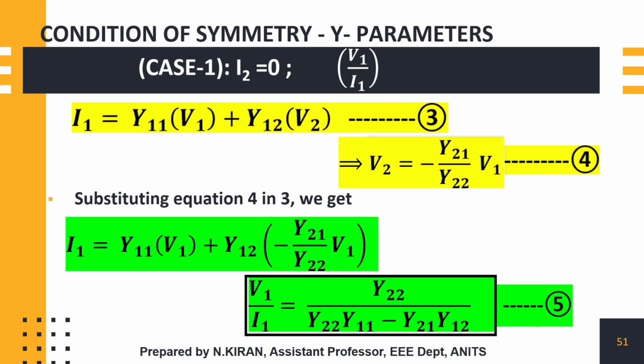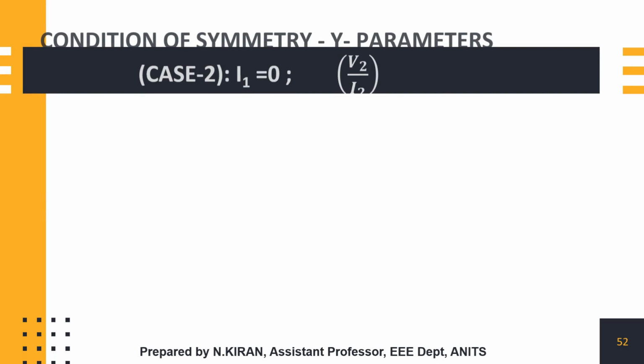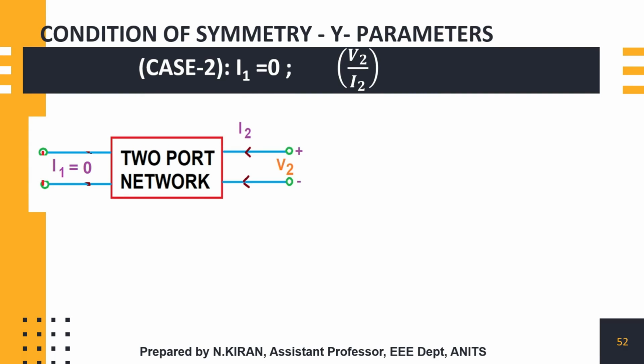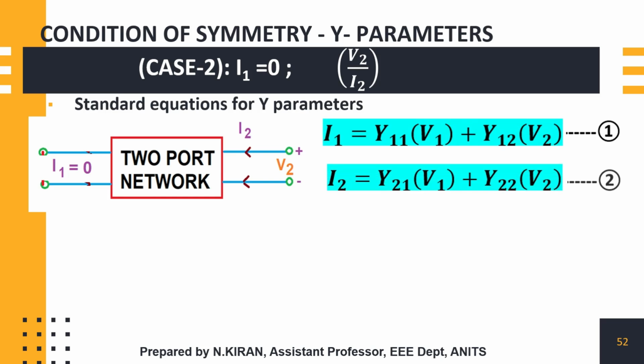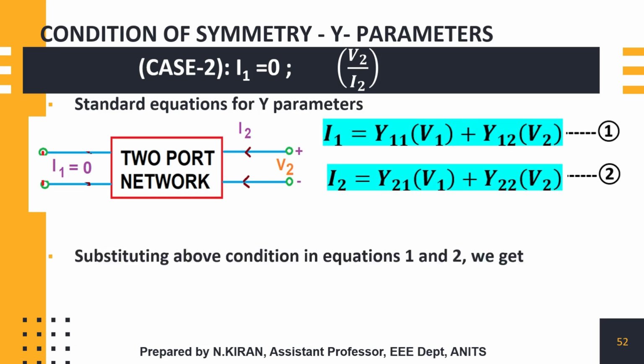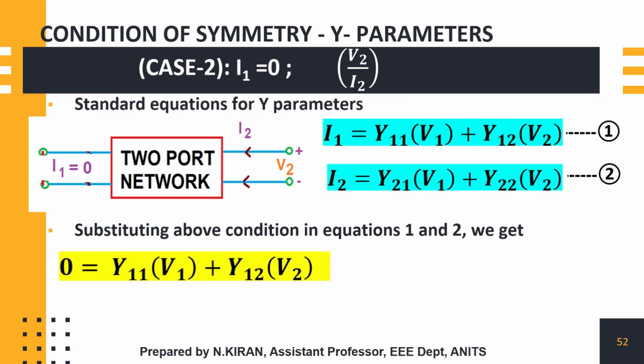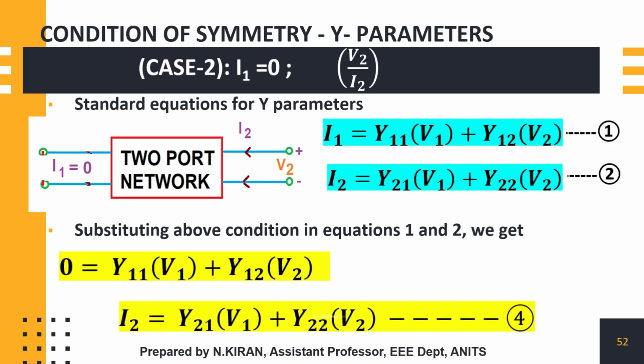The second case, I'll consider open circuit of port 1 and substitute in the two standard equations of Y parameters. So the first equation becomes 0 is equal to Y11 V1 plus Y12 V2, and the second equation becomes I2 is equal to Y21 V1 plus Y22 V2. So there is no change in the second equation.